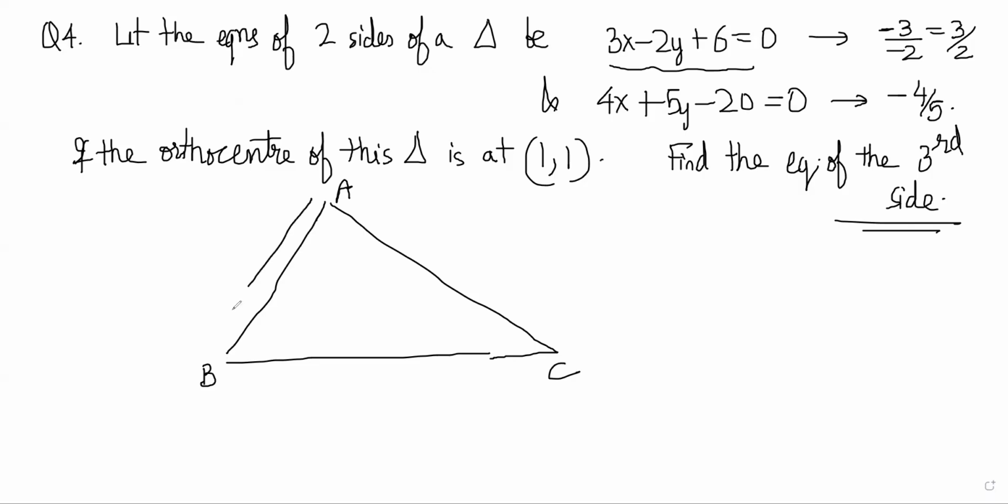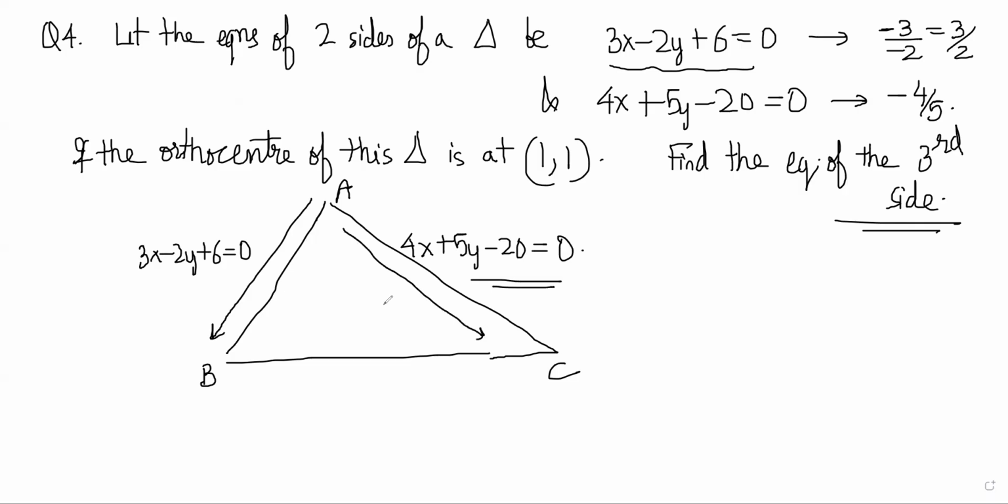So let's assume this line is 3x minus 2y plus 6 equals 0, and this line is 4x plus 5y minus 20 equals 0, right? So AB and AC equations are given. By solving these two equations, we can find the point A.